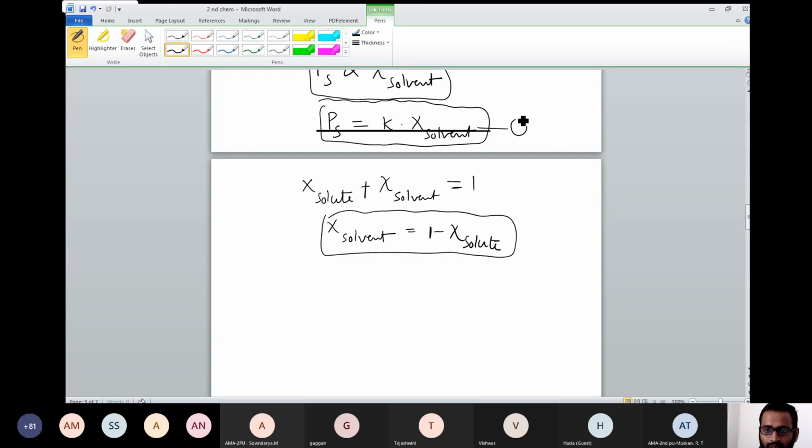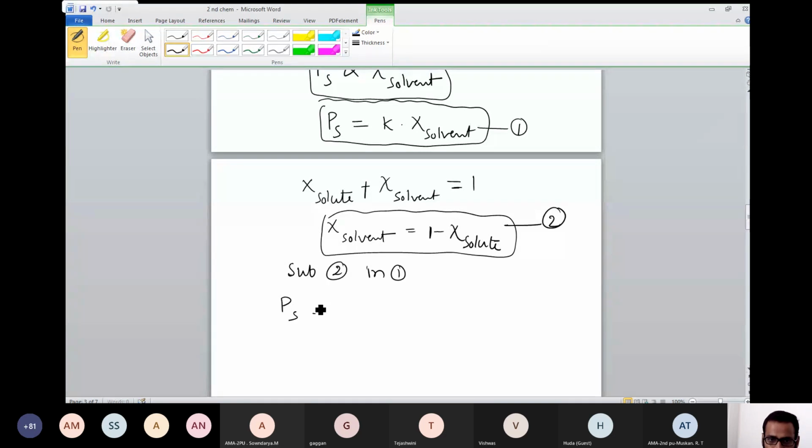Suppose this is equation 1 and this is equation 2. I'll substitute 2 in 1. Okay, then what happened?